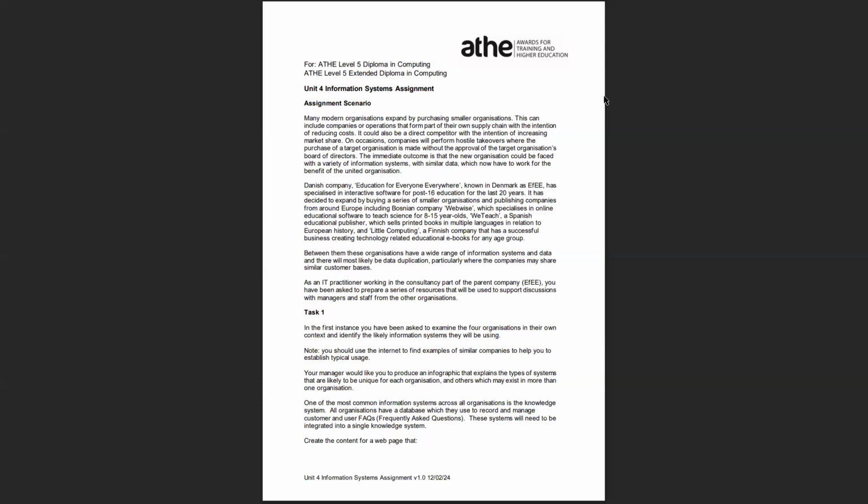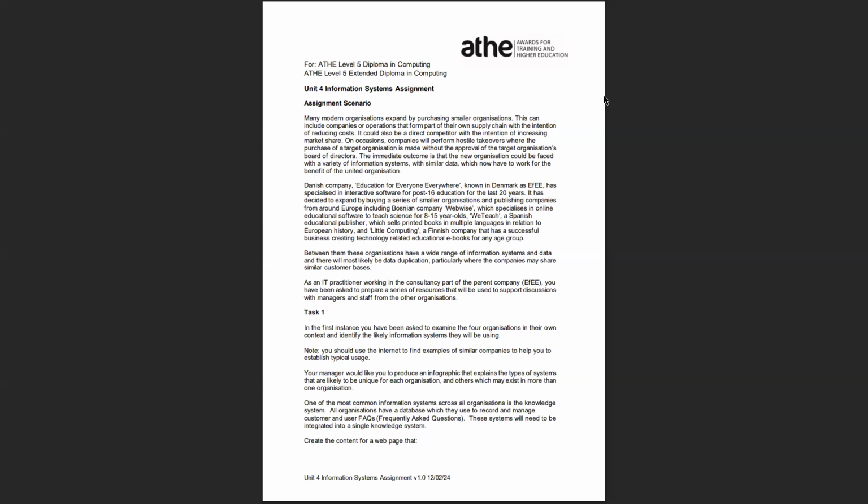Your manager would like you to produce an infographic that explains the types of system that are likely to be unique for each organization and others which might exist in more than one organization. One of the most common information systems across all organizations is the knowledge system.